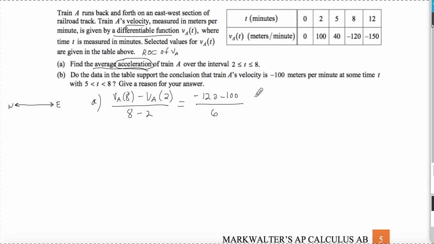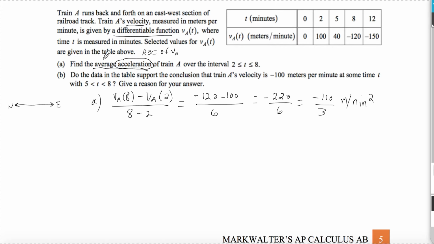So this is going to give us negative 220, divided by 6, which will give us negative 110 over 3. This is an acceleration measurement, so the units are meters per minute squared, because the numerator was in meters per minute and the denominator was in minutes.